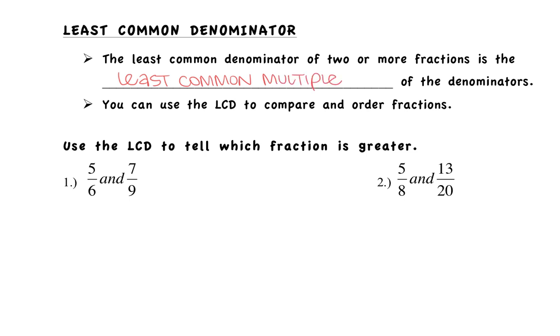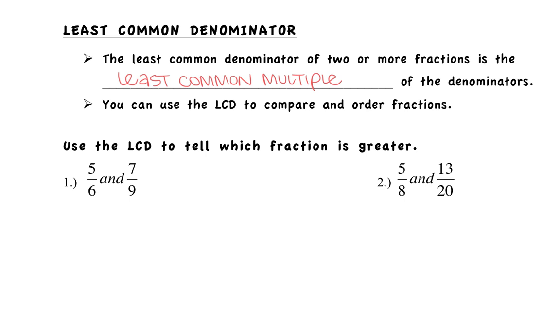Now, if you've had some experience with fractions, you know that there are multiple times where we need to find a common denominator. We definitely need to have a common denominator whenever we add or subtract. We'll talk about that in greater detail in a future lesson. But we also need common denominators when we're comparing fractions.